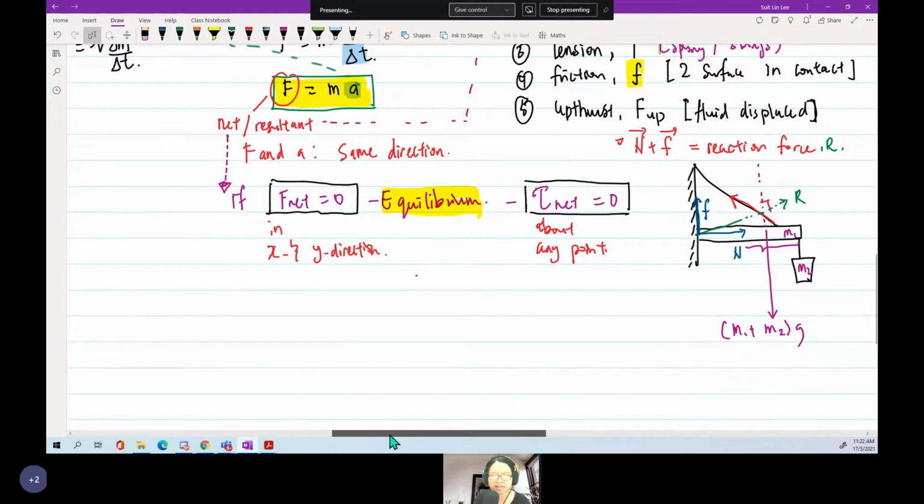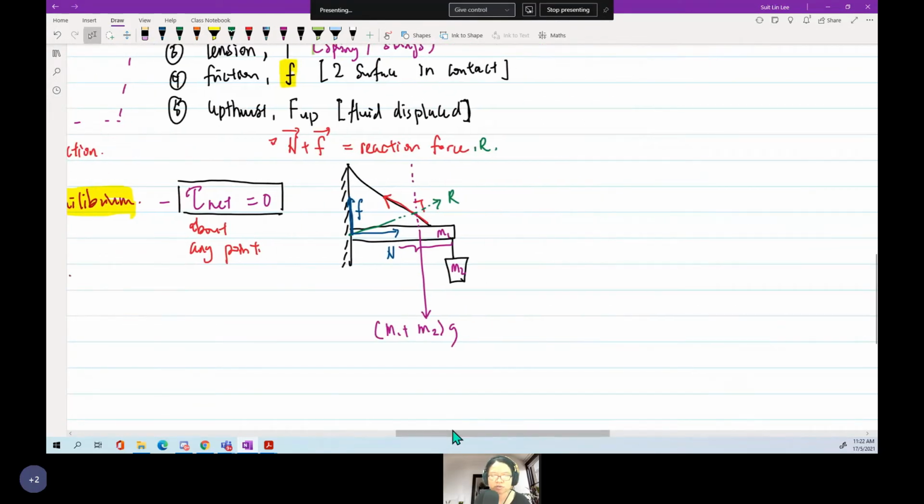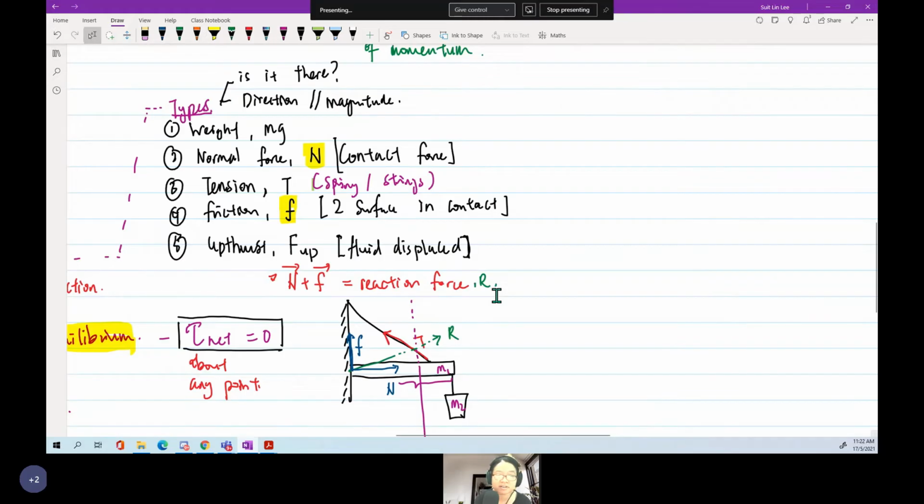There is a slight deviation, not sure why CIE does this, when we move on to upthrust. Okay, so this upthrust is due to another delta P, but it's not change in momentum, it's change in pressure. Okay, so upthrust, classic question. What causes upthrust?